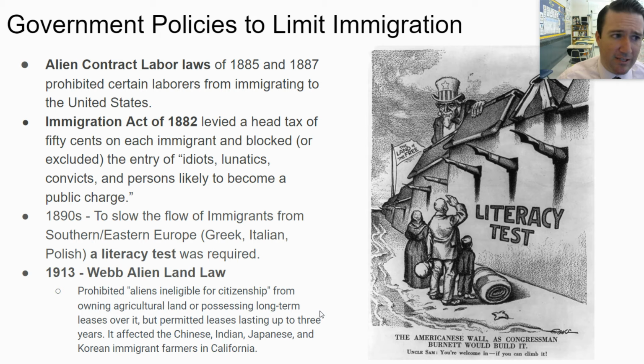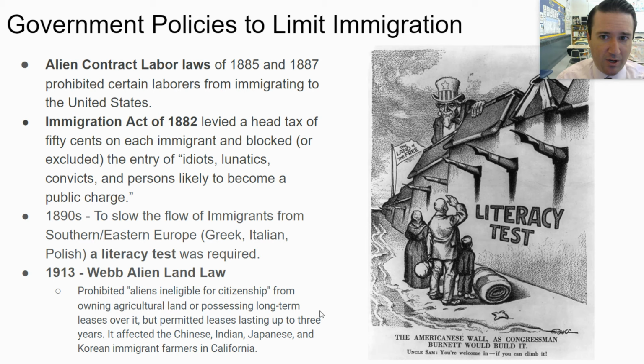Some examples: the alien contract labor laws made it illegal for certain laborers to immigrate to the United States, trying to protect American jobs that were somewhat skilled and necessary from being taken by skilled workers coming from overseas.